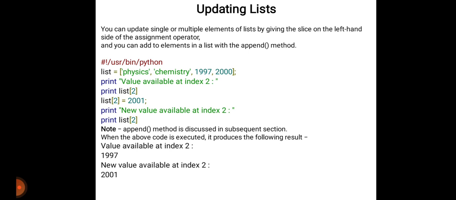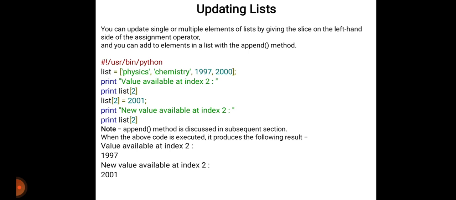Then what will be printed? Print list[2]. Then list[2] is assigned 2001, so print the new value available at index 2. Again print list[2]. Note that the append method is discussed in a subsequent section. When the above code is executed, it will produce the result like this.